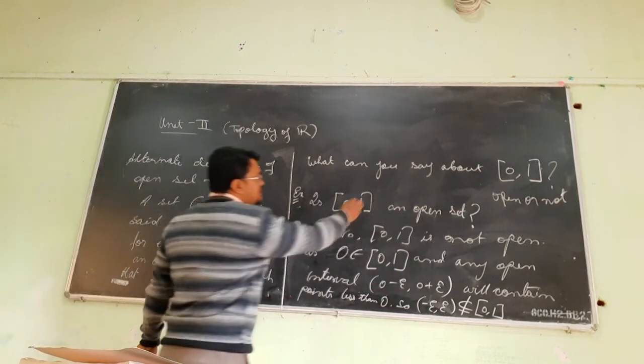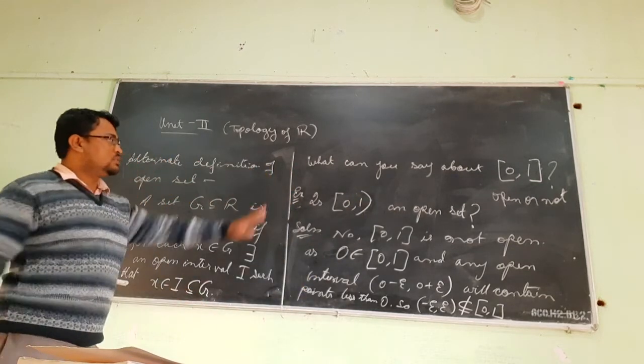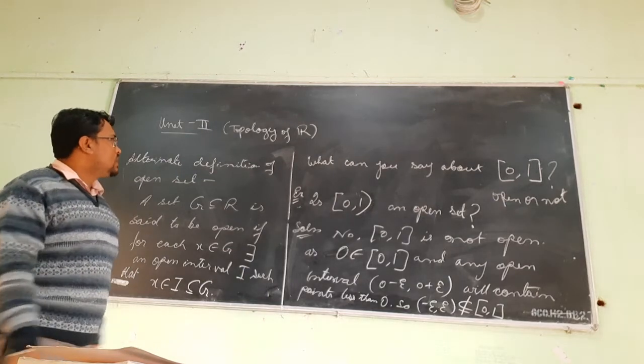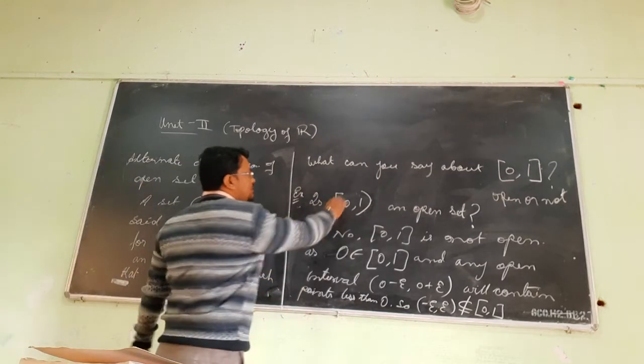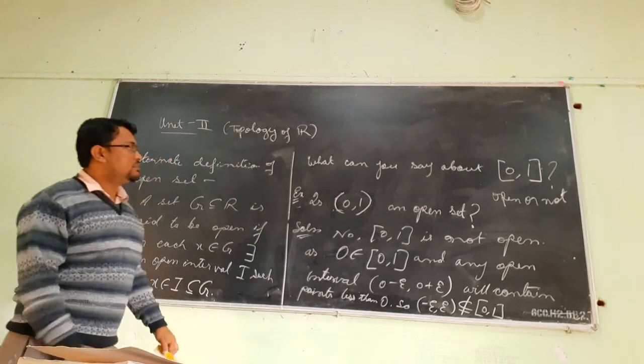If it is something like the half open interval 0 1, then also it's not open. But the open interval 0 1 is an open set. We have already shown every open interval is an open set.